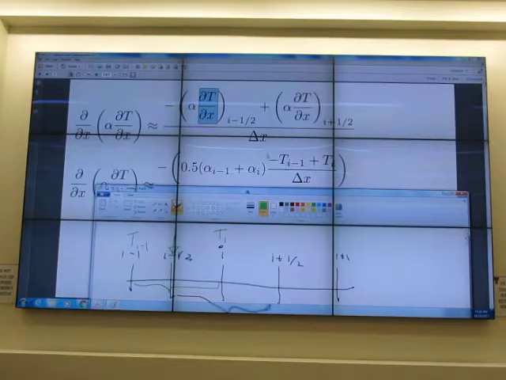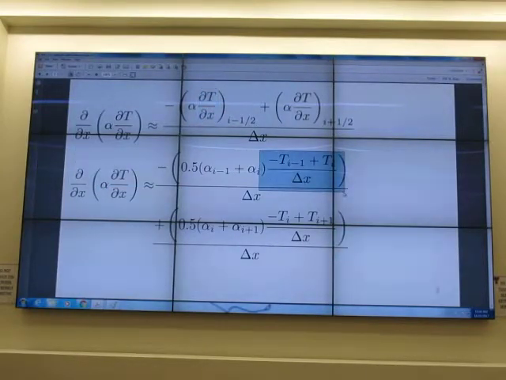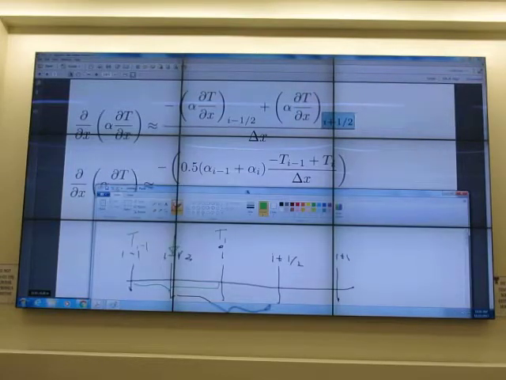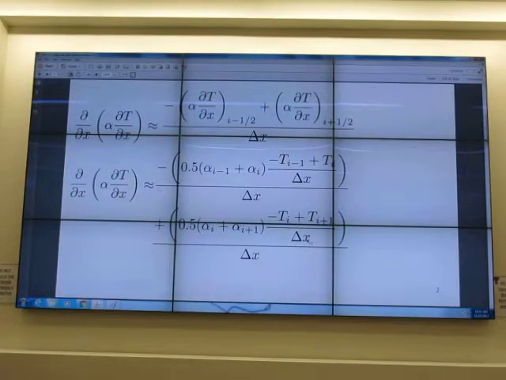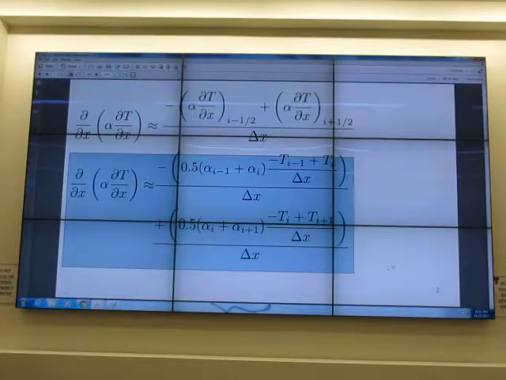So that's why I have this. Same as dT by dx at I plus half, which is dT by dx over here. So this is T at that point minus T at that point, divided by the gap, and the gap is delta x. That's why I get this. Right? George, any question with this?